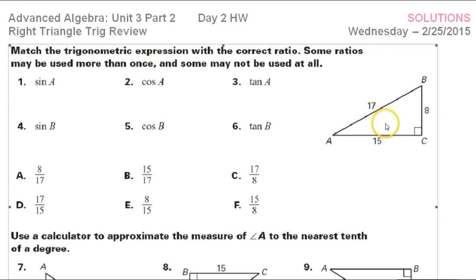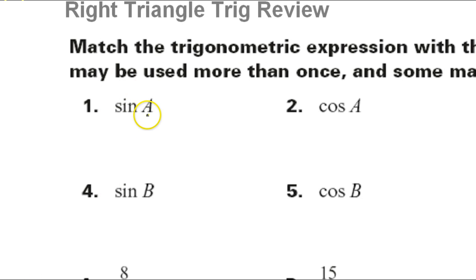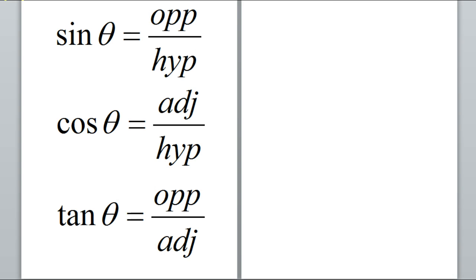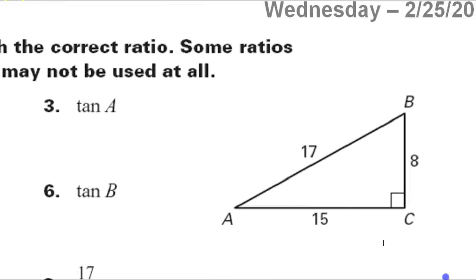Okay, so if we're given a right triangle, we could set up these definitions. Alright, number one says the sine of angle A. Remember that the sine of an angle is the opposite leg over the hypotenuse. So if I look at angle A, which is right here, of course 17 is the hypotenuse.